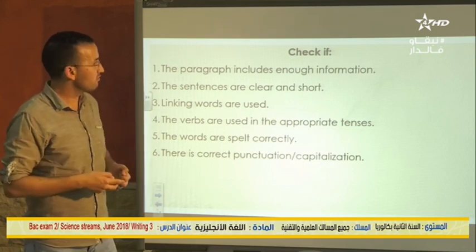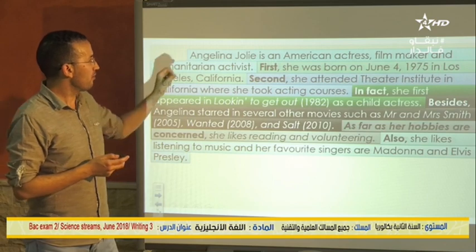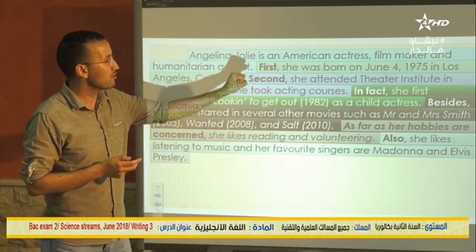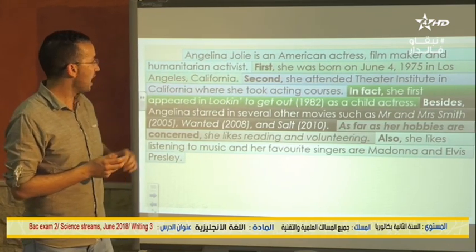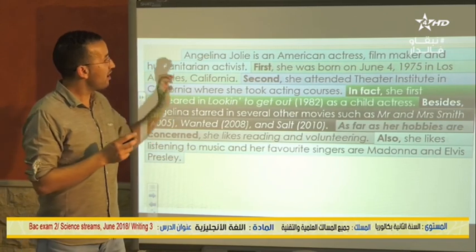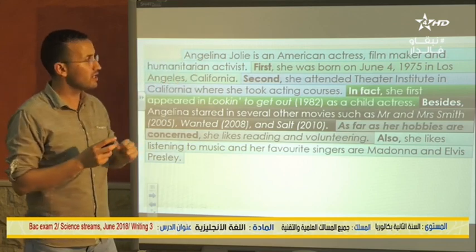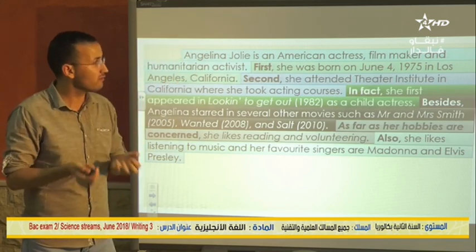So let's see this in our paragraph here. So for example, Angelina Jolie is an American actress, filmmaker, and humanitarian activist. So as you can see, our sentence is short. Okay, it's clear and it's meaningful, as I said.